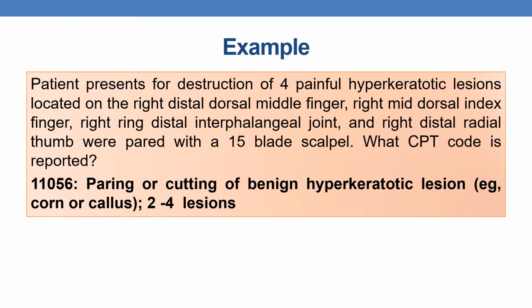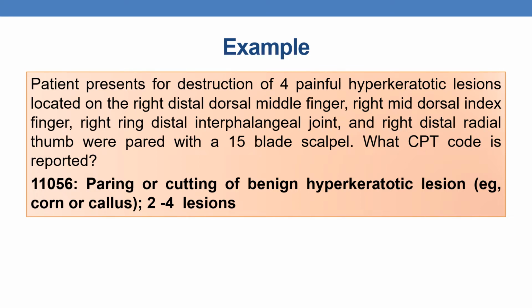Now let us discuss an example. The patient presents for destruction of four painful hyperkeratotic lesions located on the right distal dorsal middle finger, right mid dorsal index finger, right ring distal interphalangeal joint and right distal radial thumb, which were pared with a 15 blade scalpel. What CPT is to be reported?